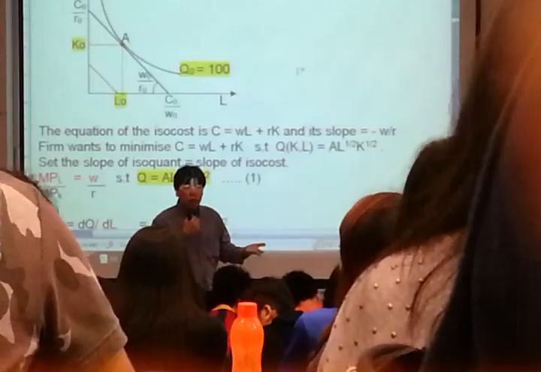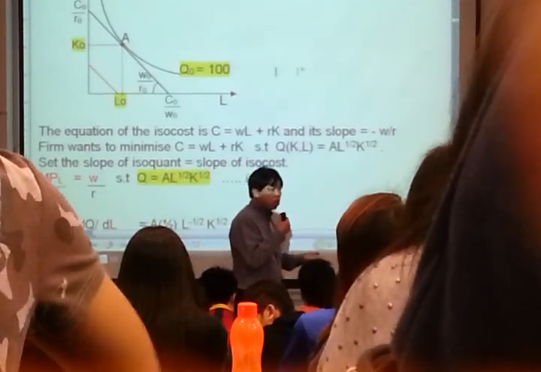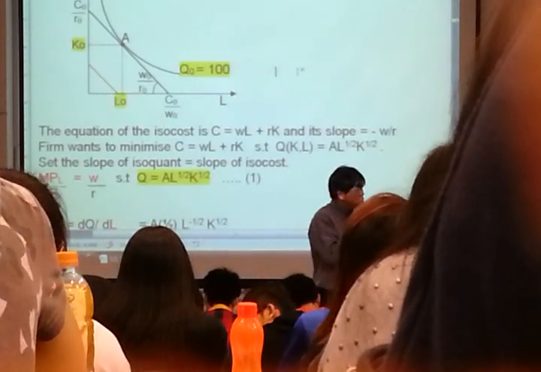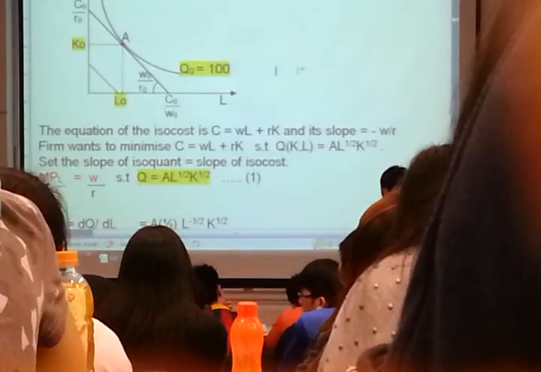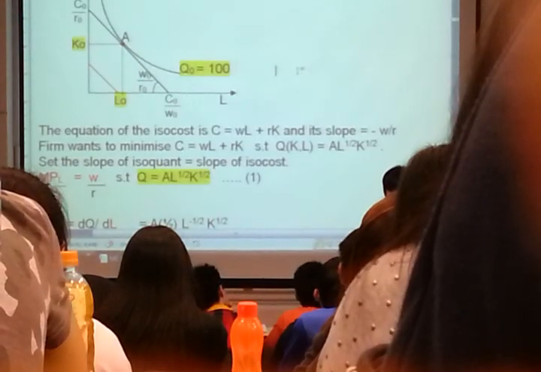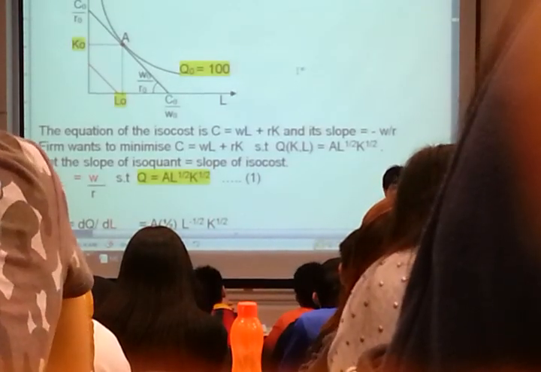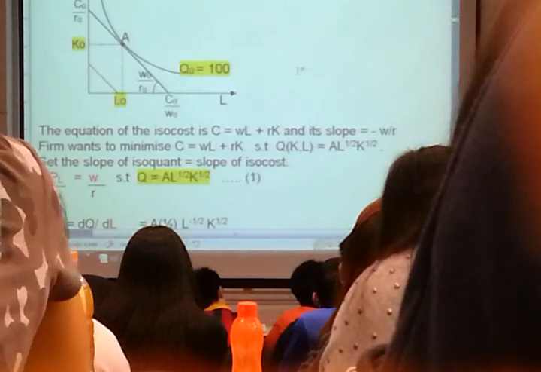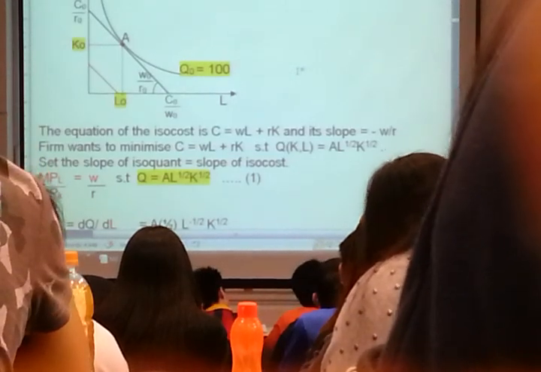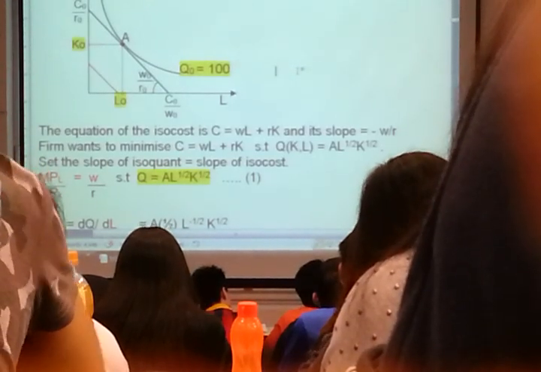At most 2, 3 lines, 4 lines, right? So if in your test, like quite a few students, you write long pages, you know you're wrong. Now how do you know you're wrong? Because the initial setup is wrong.